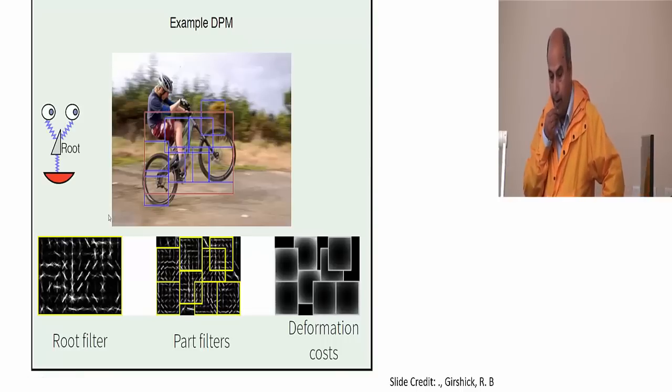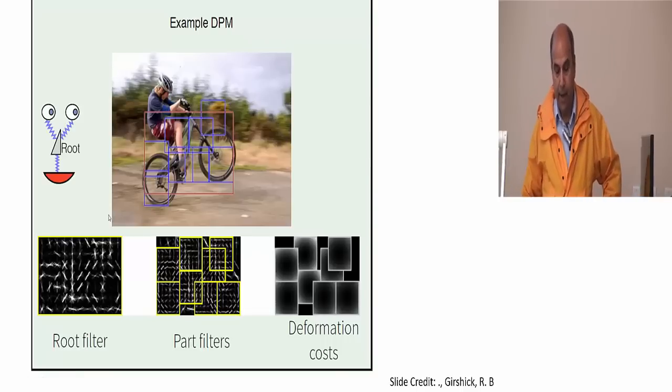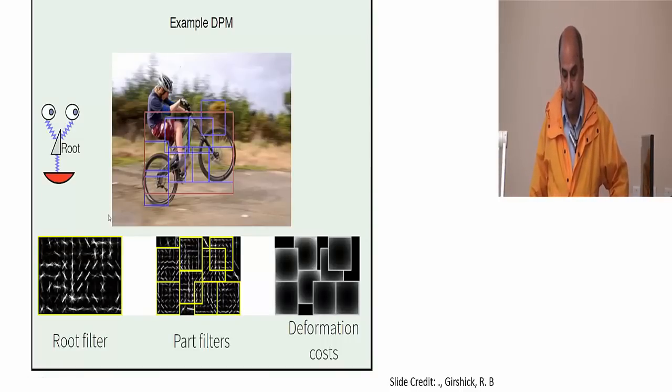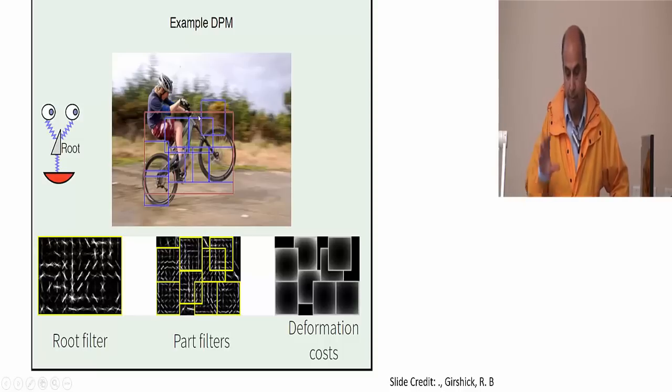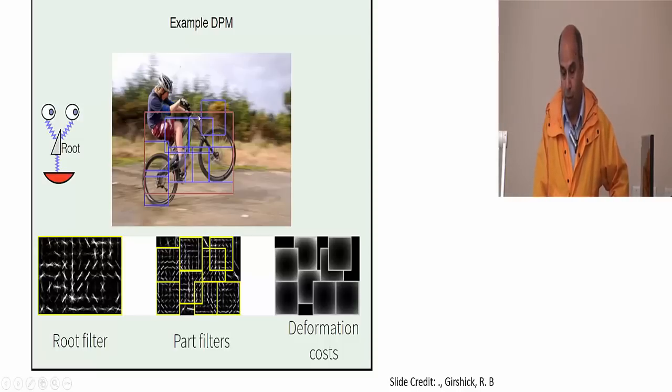So an example of a DPM is like this, as shown here, a bicycle. A bicycle has two wheels and all these things, and the red one shows the root filter, which is the global, how the bicycle looks like.